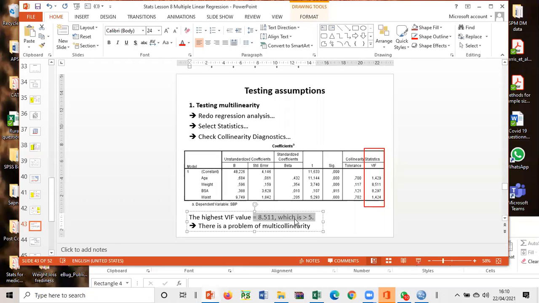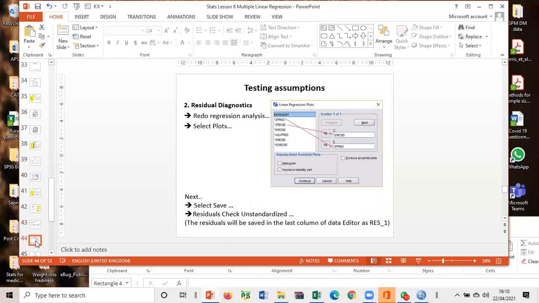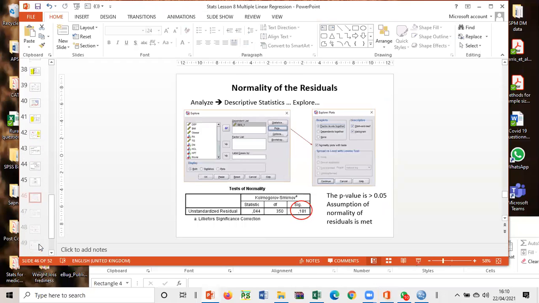Some authors agree more than 10 is a problem, but here we'll go with more than 5 as a problem. So the highest value is more than 5, and that is a problem of multicollinearity. In this situation, what do we do? We'll see later. Now, let's see another one.